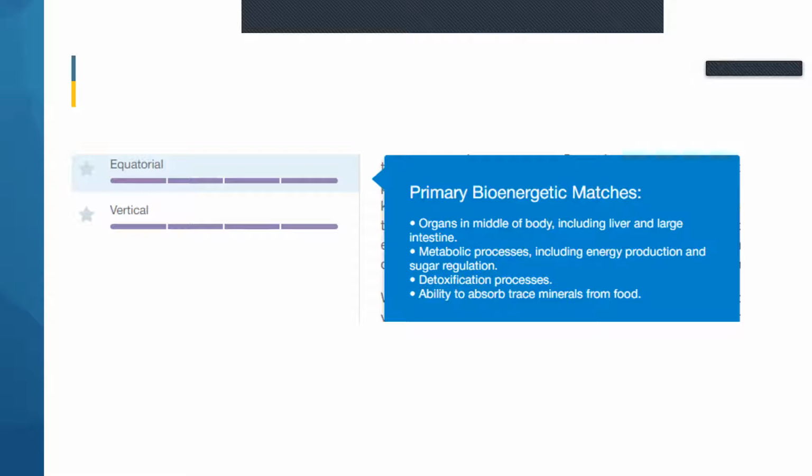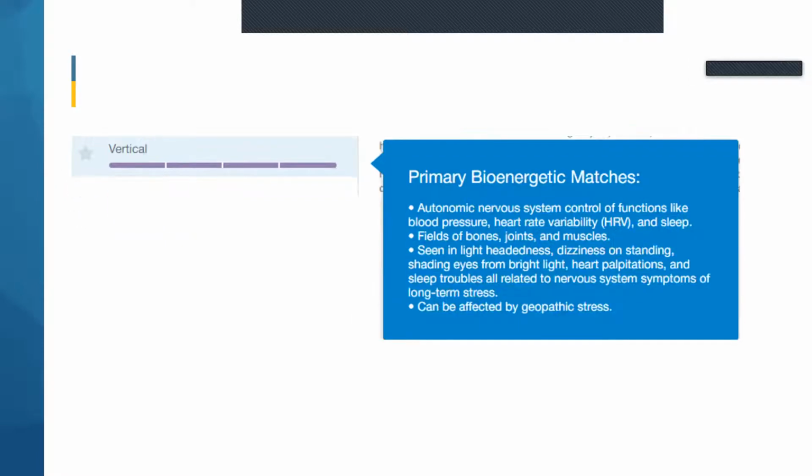primary matches. Okay, if we look at the vertical axis, we're looking at the autonomic nervous system. Okay, so blood pressure, heart rate variability, and sleep. Also bones, joints, and muscles. So we're seeing that could be related to dizziness.